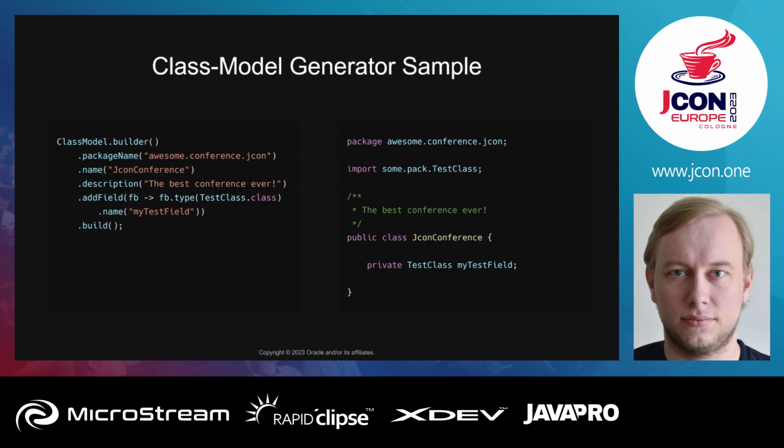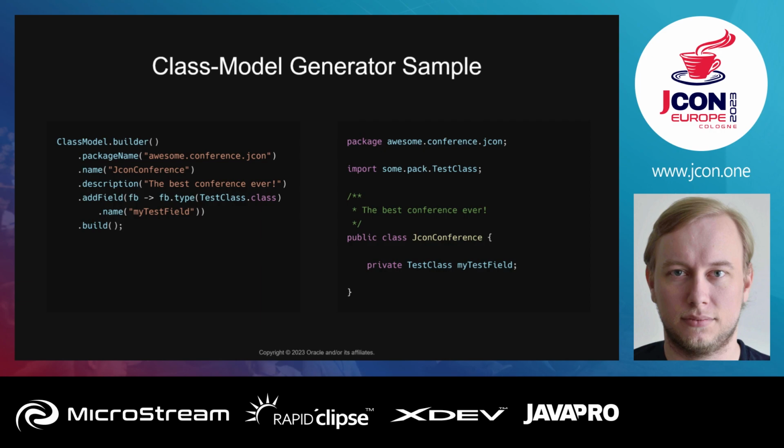So we have some class model, which is basically the entry point, and we have a builder method there. You specify a package under which you would like this to be created, the name of the class, the description of the class, that means what this class is, and to make this a little bit more complex, I added a field there.